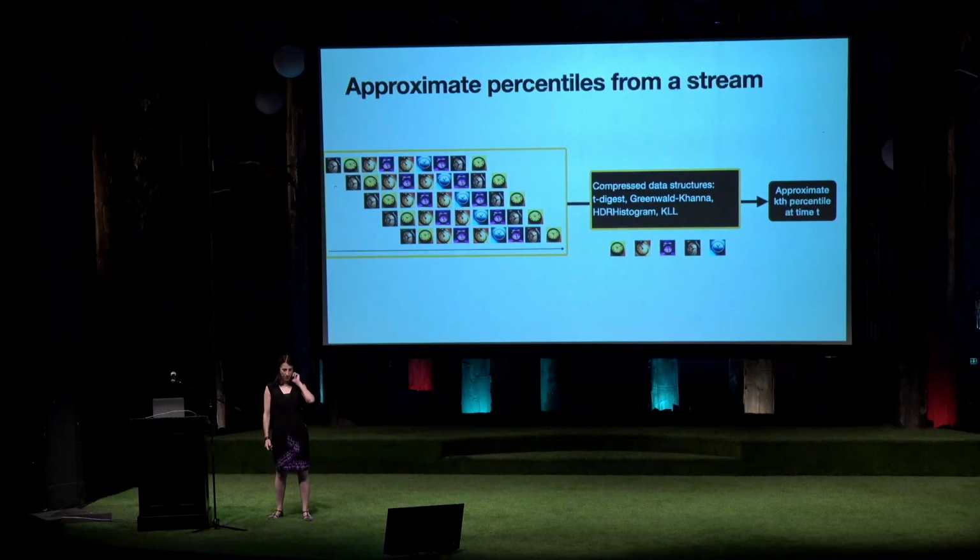Greenwald-Khanna and HDR histogram are a few of the other ones. So there's quite a few different ways to do this. But what all of these things do is they read in a stream of data points, and they approximate at any given time the kth percentile value for that streaming data.